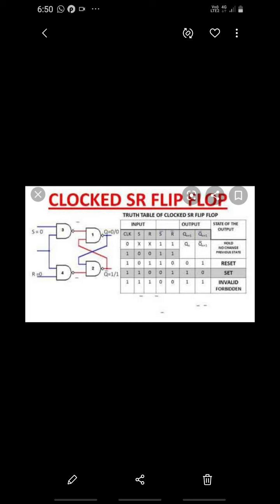Here the positive level clocked SR flip-flop and its symbol are shown in above PPT. NAND gates 1 and 2 form a basic latch.